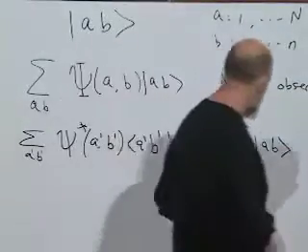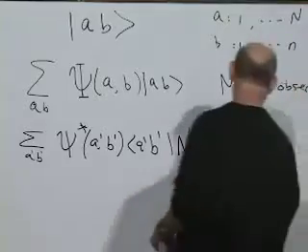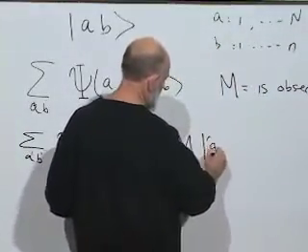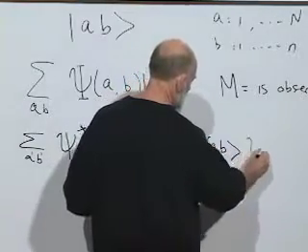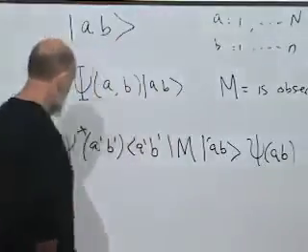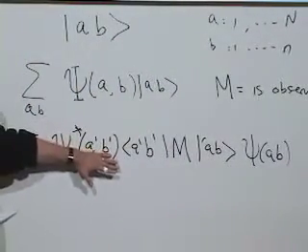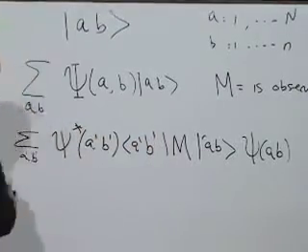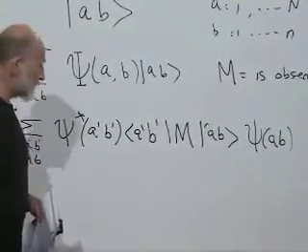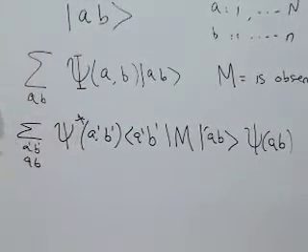Let's take the psi and stick it on the outside here. Now we separately have to sum over A prime and B prime to define the bra vector, and we also have to sum over A and B to define the ket vector. And that's the expectation value that we're interested in.